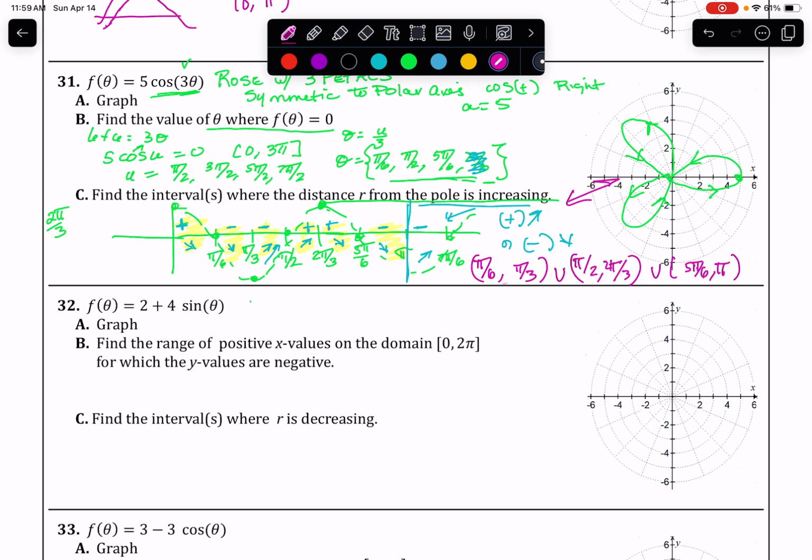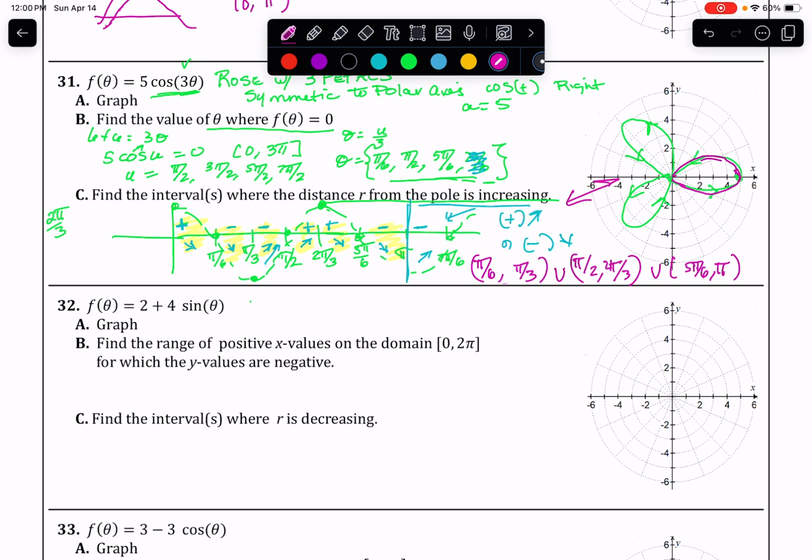So if you're starting here, going from 0 to pi over 6, you're decreasing, and then you're going to come around, and you can see my distance from the pole is increasing from pi over 6 to pi over 3, and then pi over 2 to 2 pi over 3. And then for 5 pi over 6 to pi.